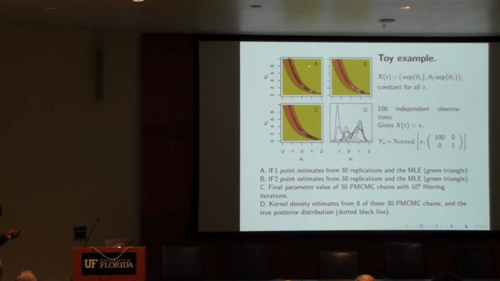A is iterated filtering 1, B is iterated filtering 2, and C is PMCMC. Again, you could see that just iterating the map, and after 25 iterations taking the mean of the particles that you get, it gave you something that is, at least on this example, better than the original idea of iterated filtering.